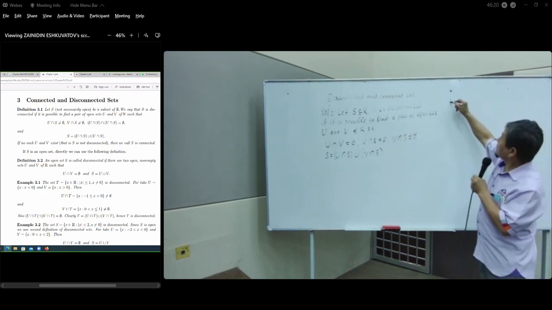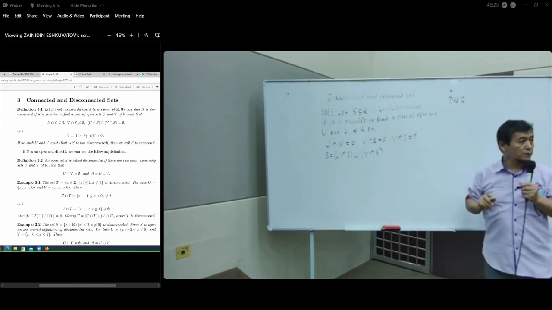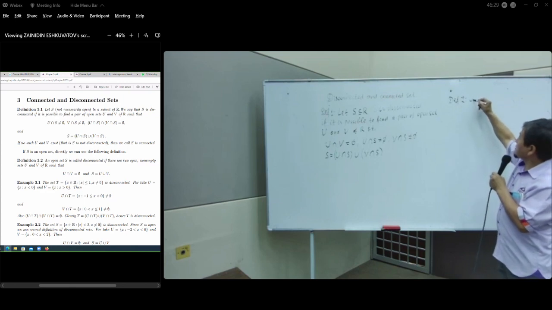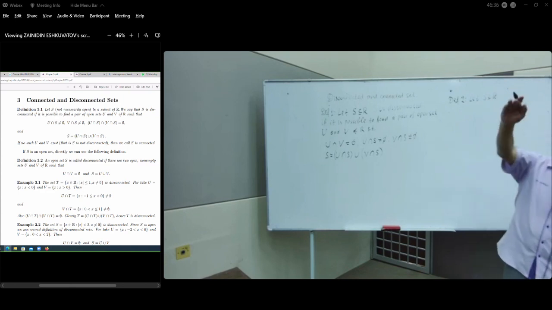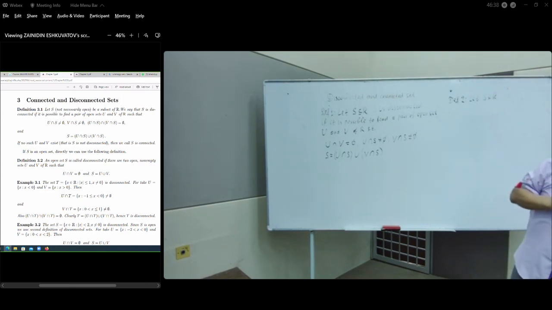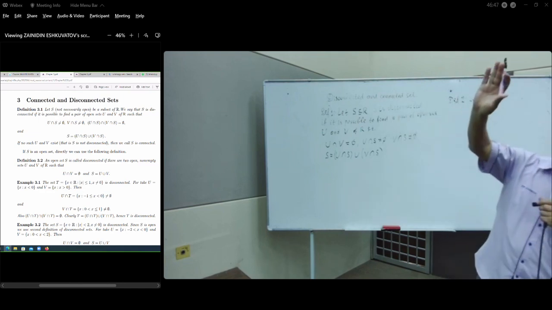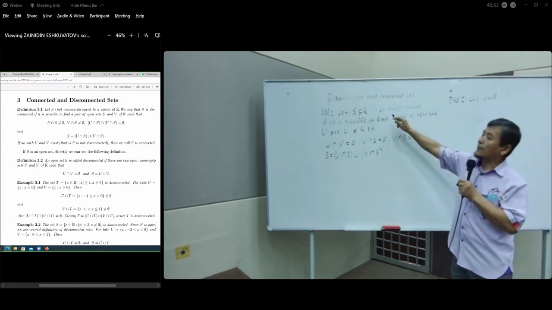Here I will put definition 2, because usually definition 2 is also very often used. Same as stated, let S be a subset of R. Now here, look, it is not said S is open, it is just said S is disconnected.